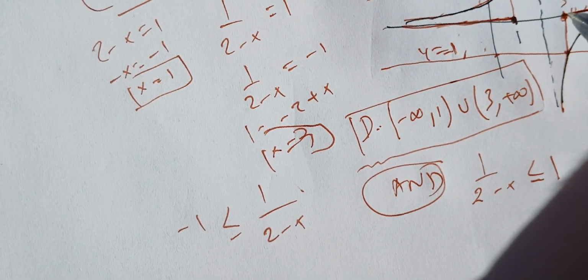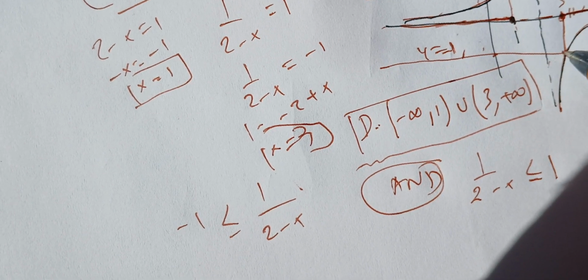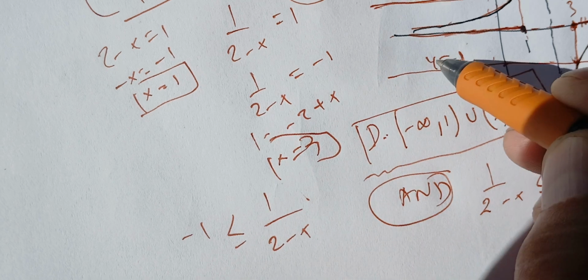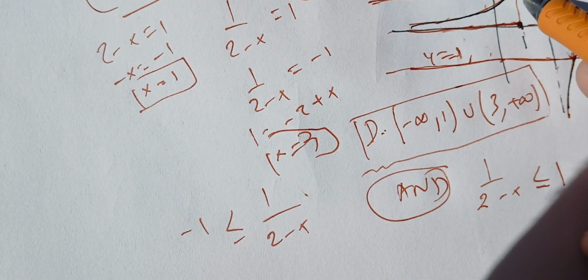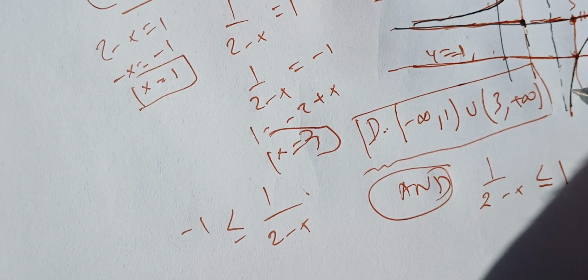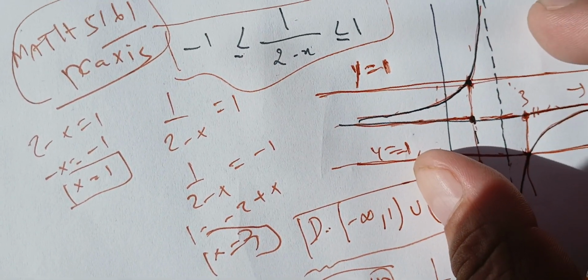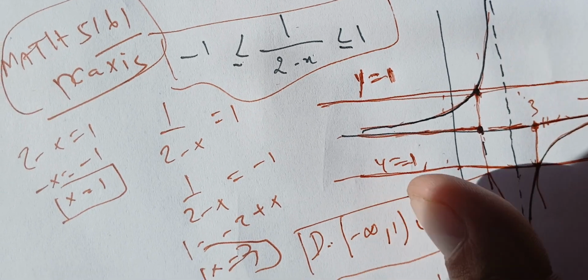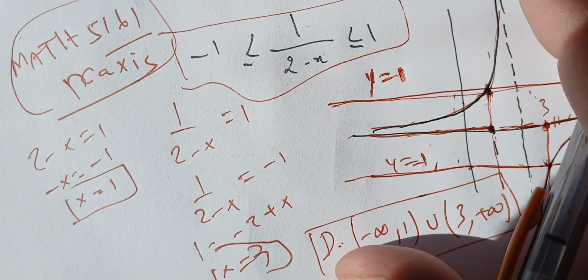So it jumps outside of this minus 1 strip. So if x is in here, look, the function is outside of this strip. And I think that's it. If you see this, that's all we need here.